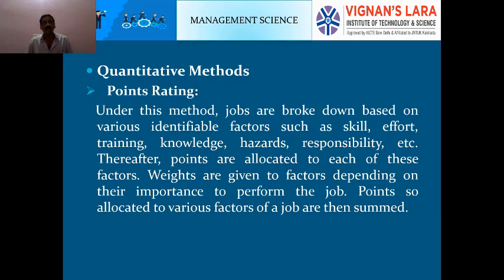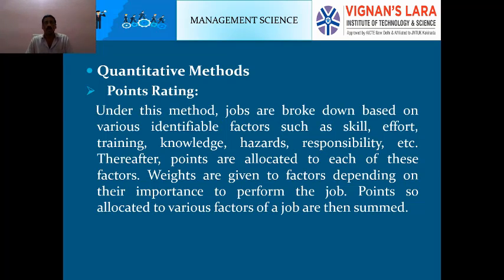Under this method, jobs are broken down based on various identified factors such as skill, effort, training, knowledge, hazards, responsibility, etc. Thereafter, points are allocated to each of these factors. Weights are given to factors depending on their importance to perform the job. Points so allocated to various factors of the job are then summarized.